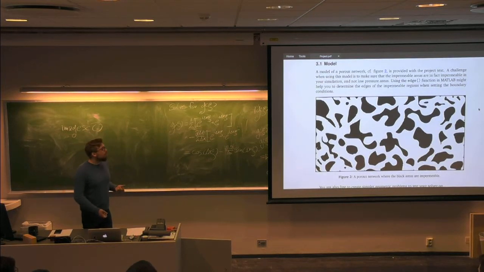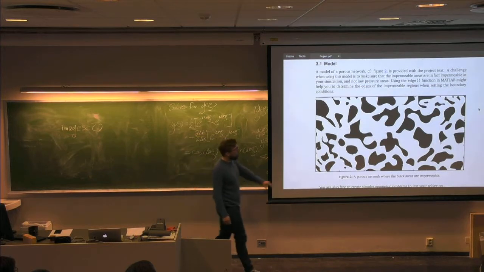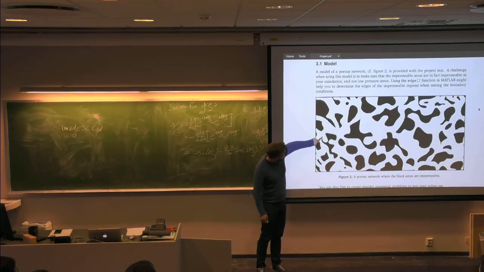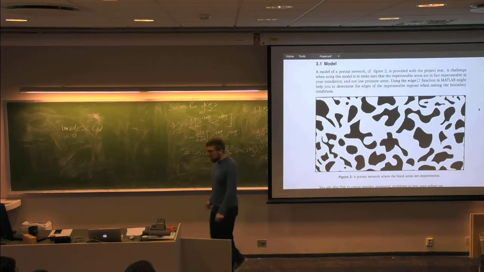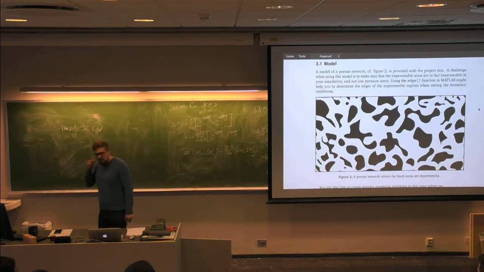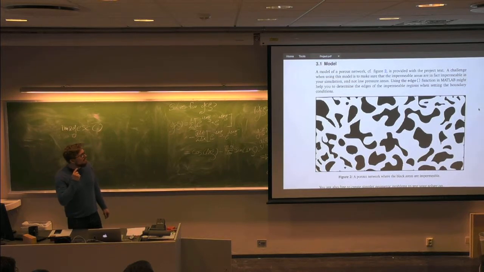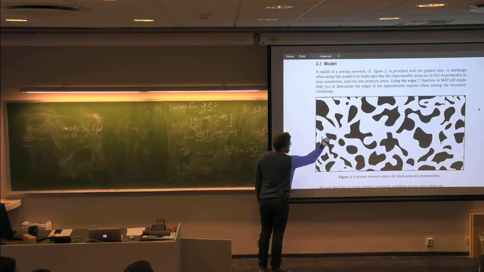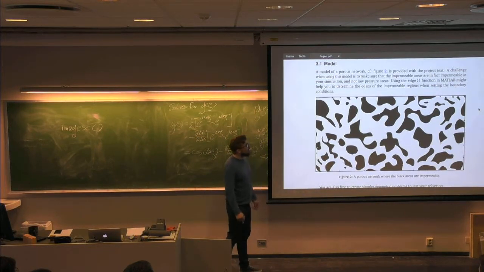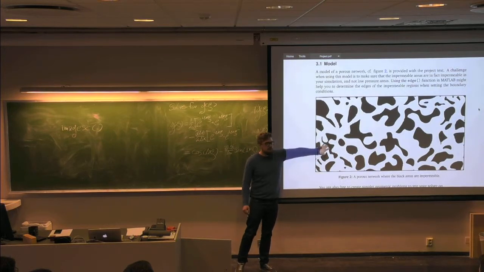A problem with using this model is that you have to have boundary conditions for all of these blobs, which might be hard to figure out. But by using the edge function, you should be able to get the edge of all of these shapes and apply boundary conditions here, because these should be non-permeable regions.